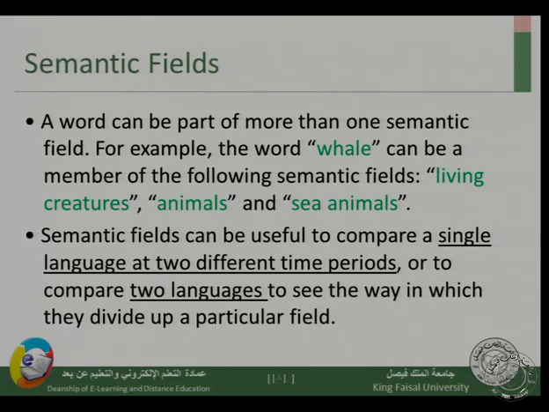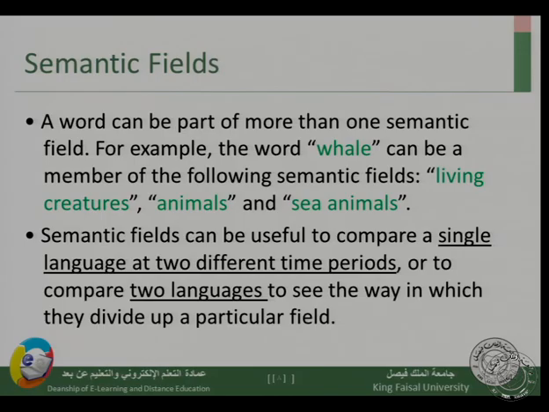The word whale can be a member of the following semantic fields. It can be a member of living creatures. It can be a member of the semantic field of animals in English. It can be a member of the semantic field sea animals in English. So all languages have semantic fields, and different words are grouped in different semantic fields depending on their meaning.